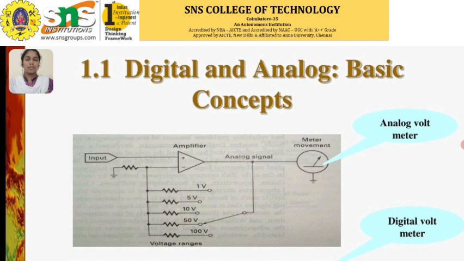So analog system processes continuous signals that vary smoothly over a time period, representing physical quantities like sound, light or voltage. These signals can take any value within the range, mirroring real world phenomena directly.